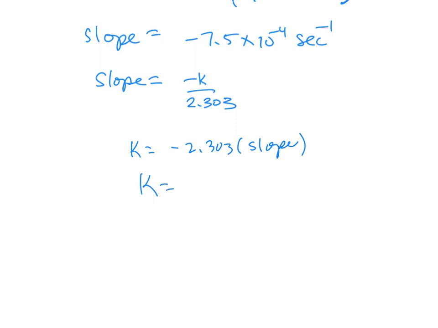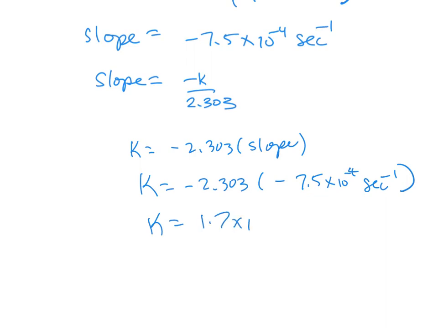So k will be equal to negative 2.303 times negative 7.5 times 10 to the minus 4 seconds to the minus 1. So k equals 1.7 times 10 to the minus 3 seconds to the minus 1.